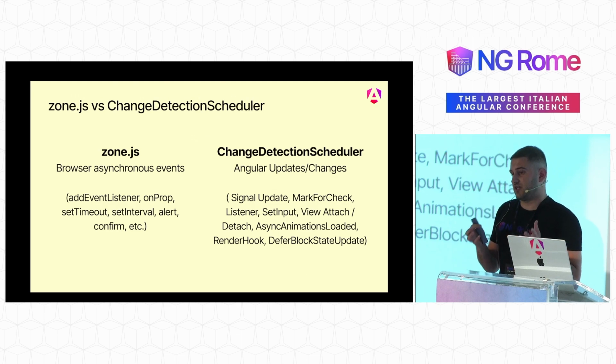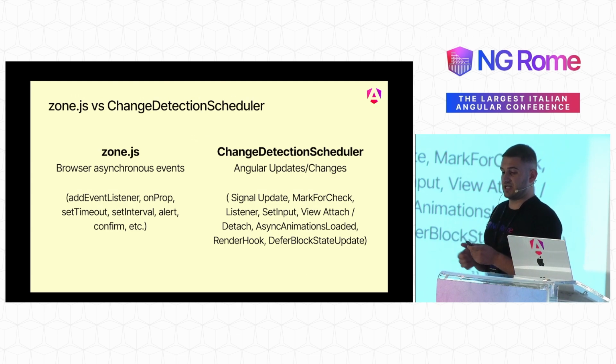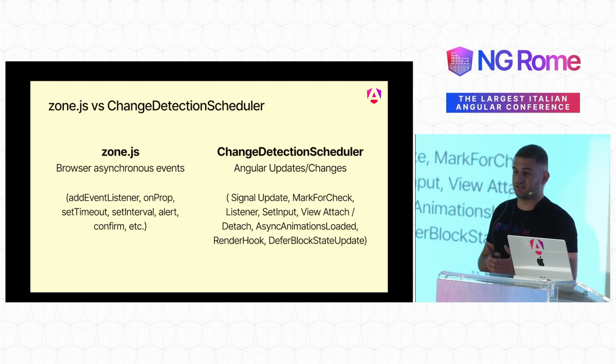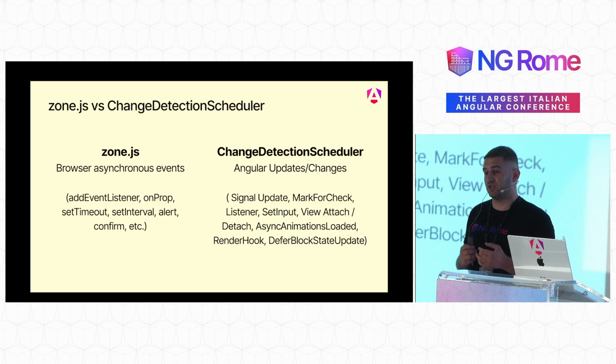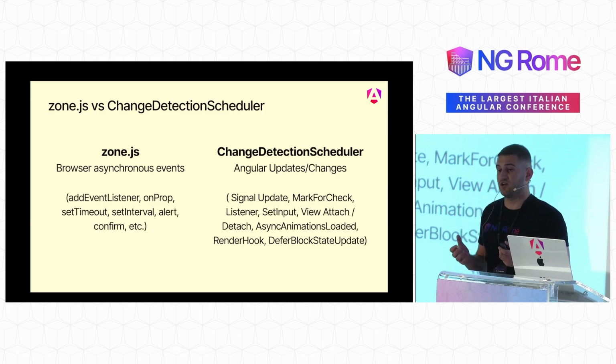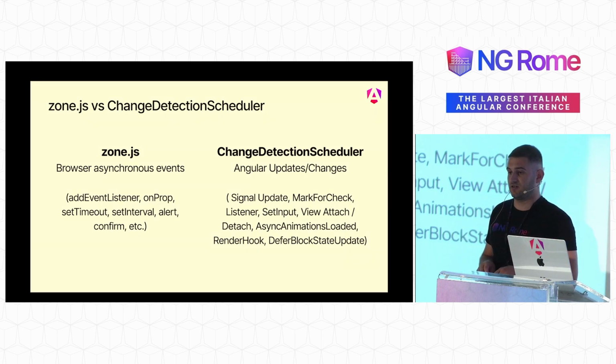So how do they compare? With Zone.js, we have browser asynchronous events that tell Angular that something changed, like addEventListener. But with the change detection scheduler, Angular will update only when there's a change from inside Angular itself.